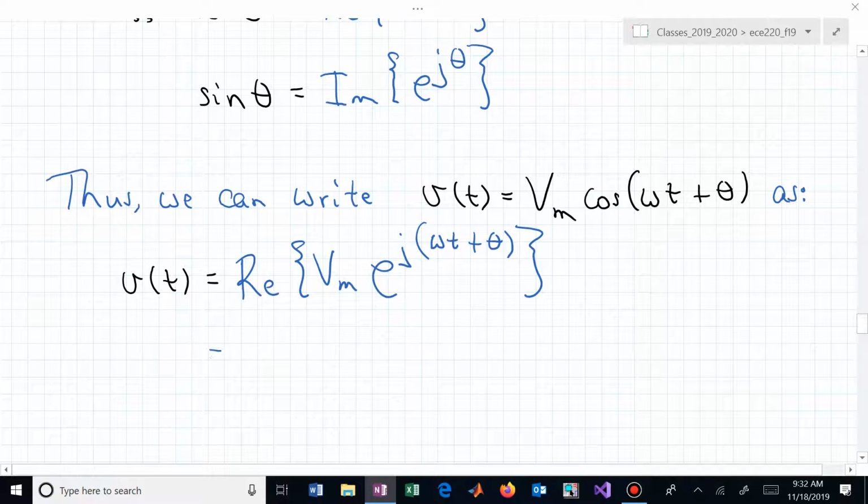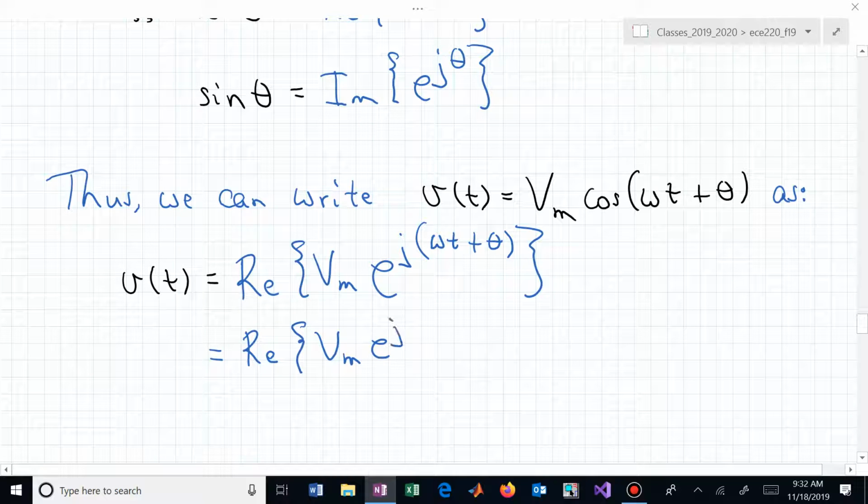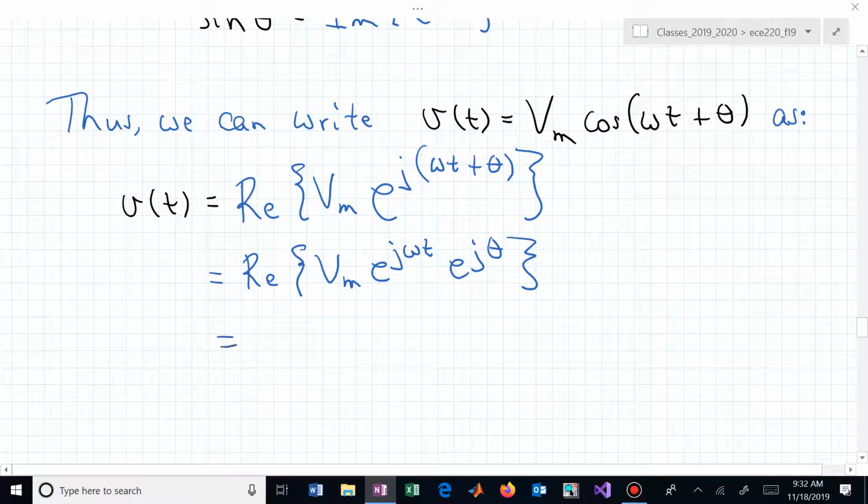Now let's rewrite that as a product of exponentials. E to the j omega t, e to the j theta. And we can reorder those product terms, the two on the right, let's interchange.